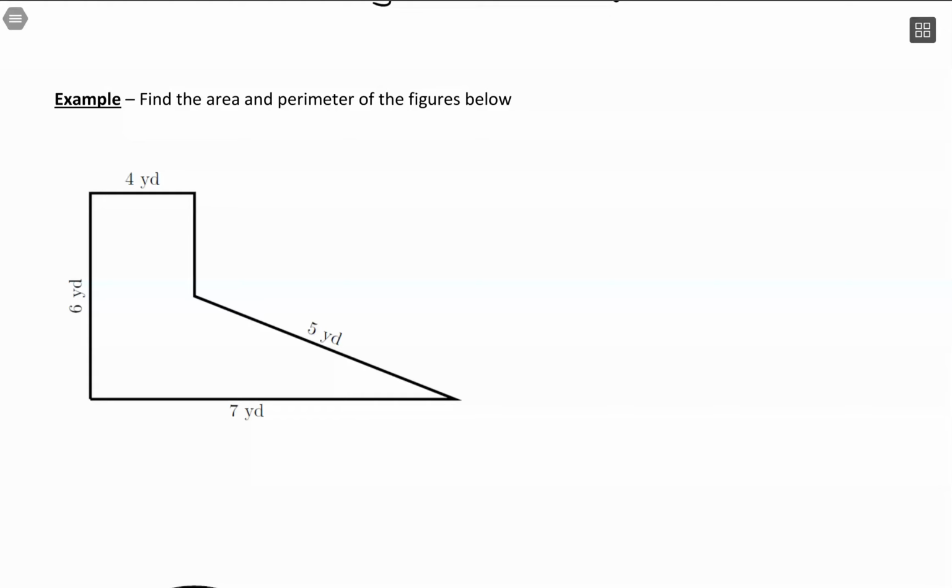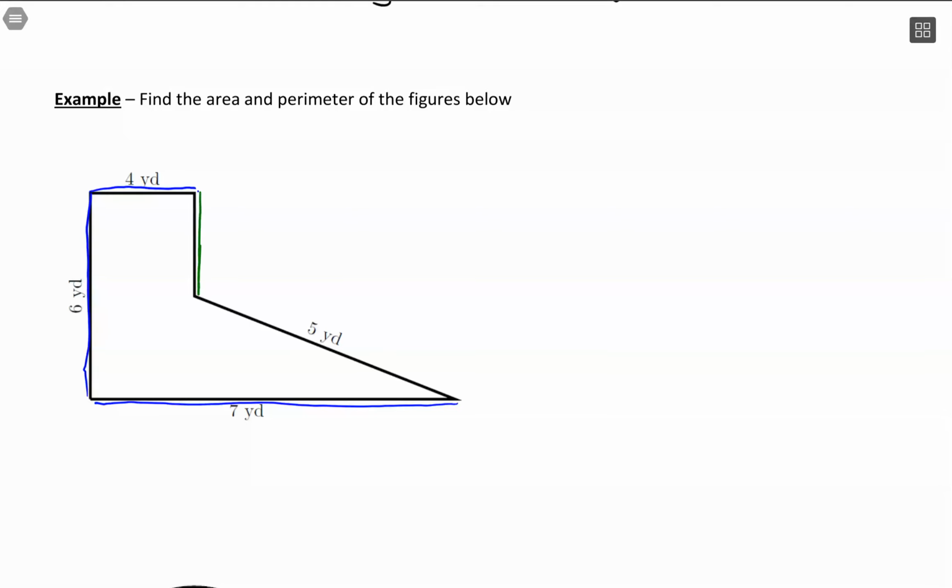So with this one, in terms of perimeter, I'm just going to start sketching things. Sometimes there will be unknowns that we need to solve for. So with perimeter, I'll be taking the 7 yards, and the 6 yards, and the 4 yards. Then I have this piece right here. I'm just going to put this in a different color.